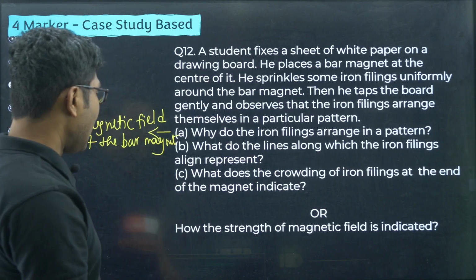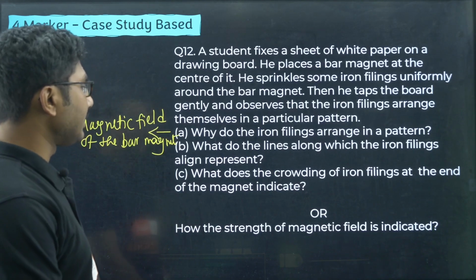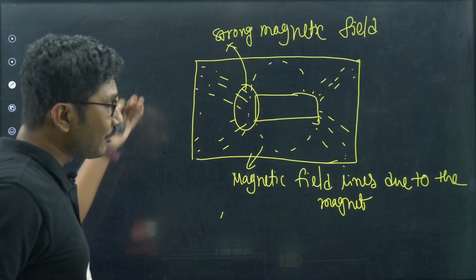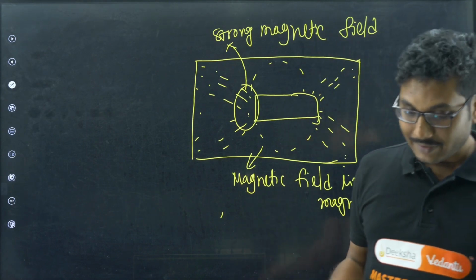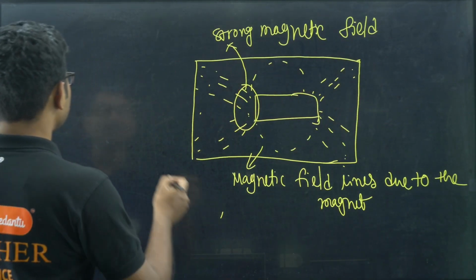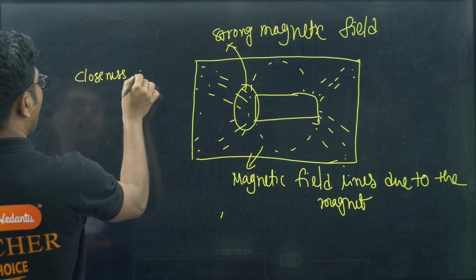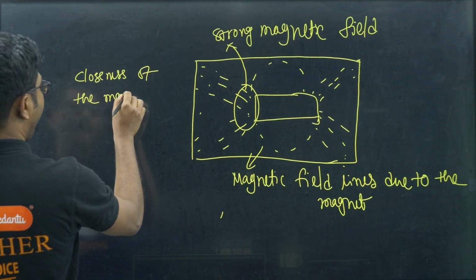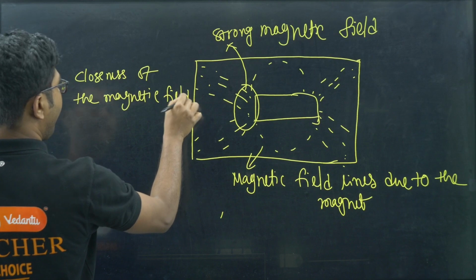Now, what else? There is an OR question for the last option: how is the strength of the magnetic field indicated? Same question, but in a different order. So, the strength of the magnetic field is indicated by the closeness of the magnetic field lines.